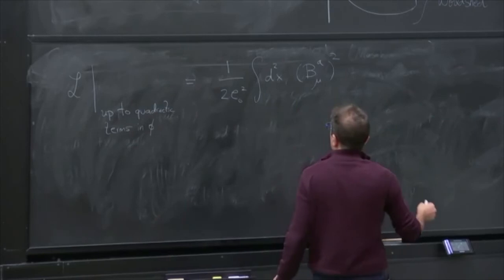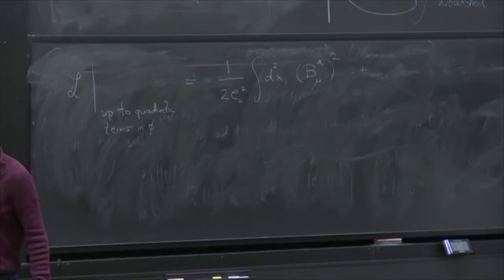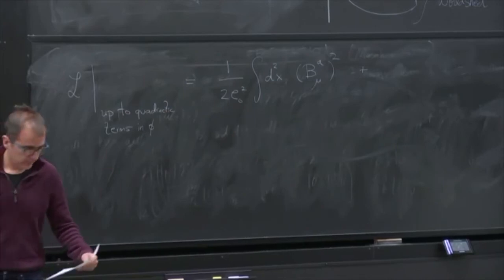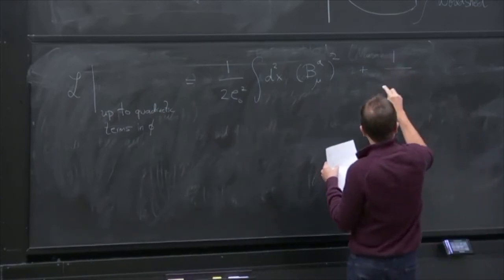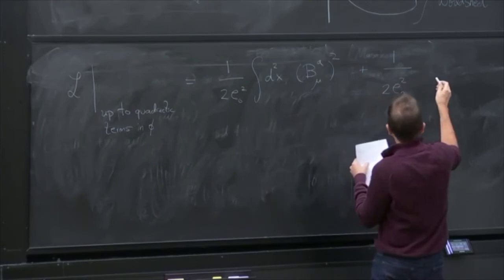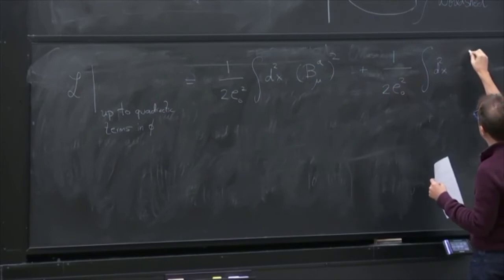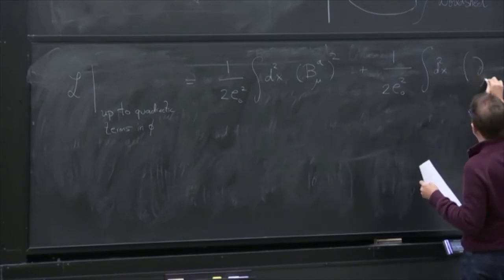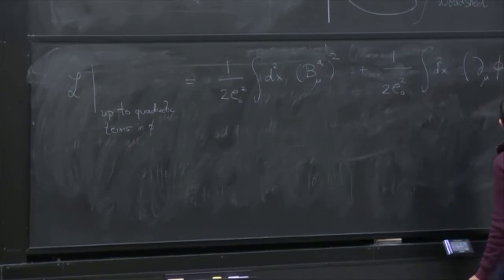And now, the quadratic terms that can come from this square bracket or this square bracket. So let me write it down. Plus 1 over 2 E0 square integral d to x. And now there are two very cute terms. One is del mu phi A plus or minus A AB mu phi B square.